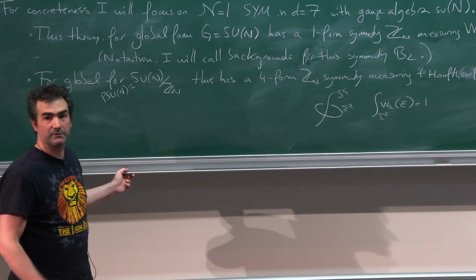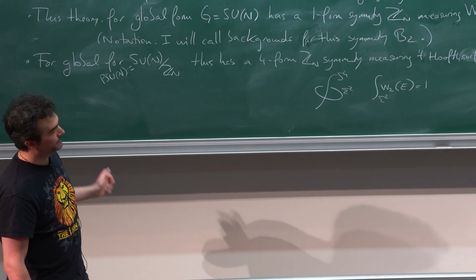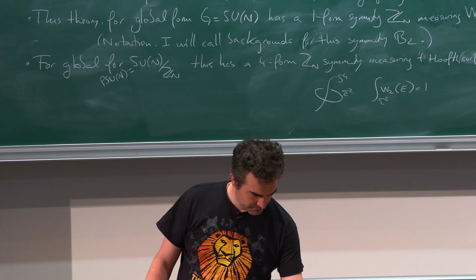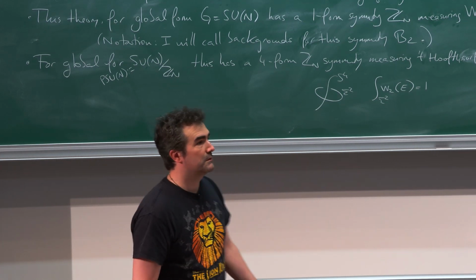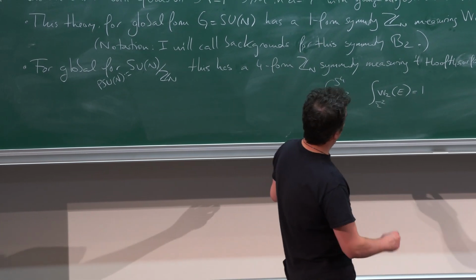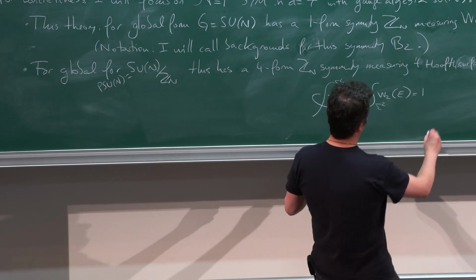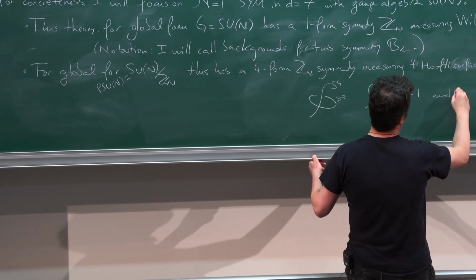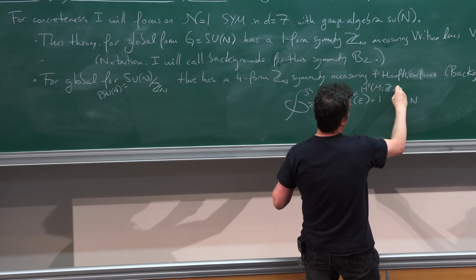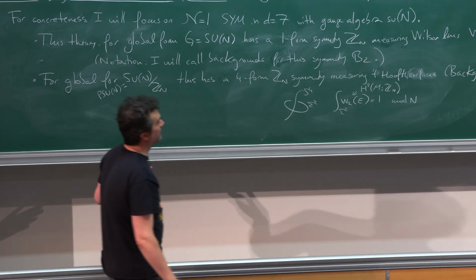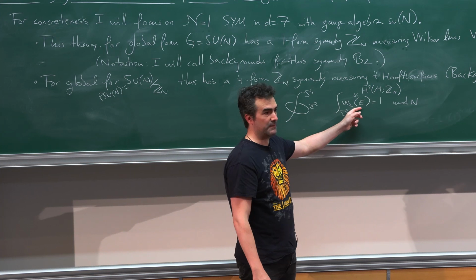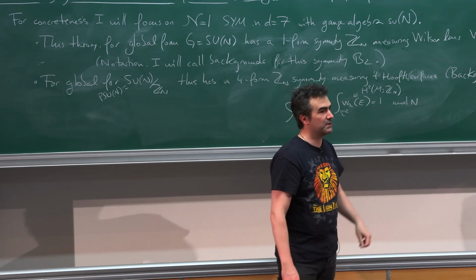So that's my definition of this object. Sorry, equal to 1? Well, sorry, yeah. What you want to measure? Yeah, sorry. My convention is equal to 1 mod N. And this thing is a class in H^2 of my manifold with Z_N coefficients. It's quite common also to put this as a 1 over N class and do this mod 1. Yeah.